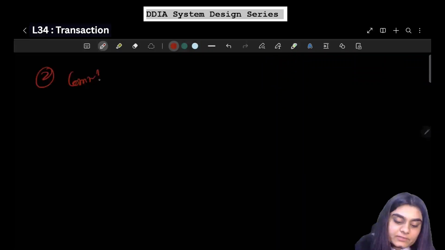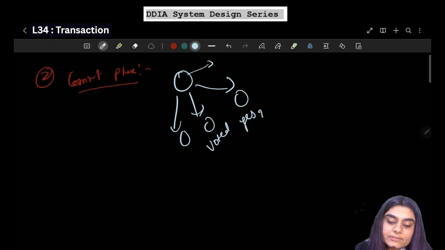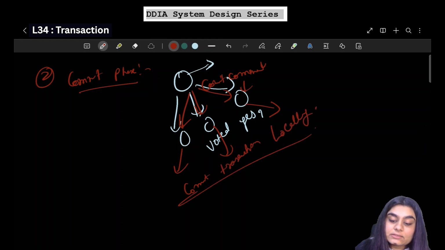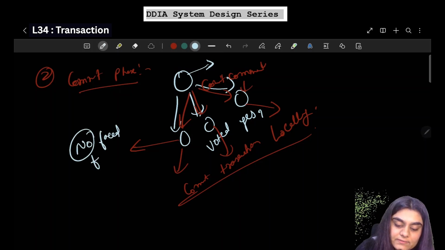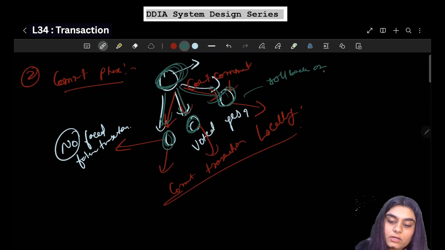Second is the commit phase. In this, if all of these nodes voted yes, then the coordinator node will send the commit command to all of these nodes, and each of these nodes will commit the transaction locally. But if any node voted no or faced a failure in the transaction, then the coordinator node will send the command to roll back or abort.